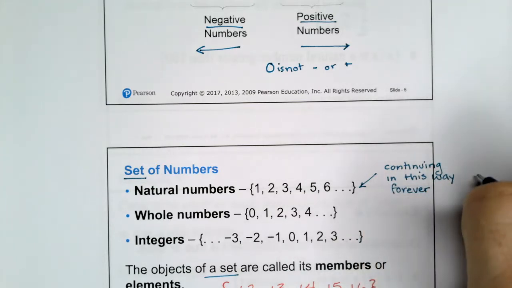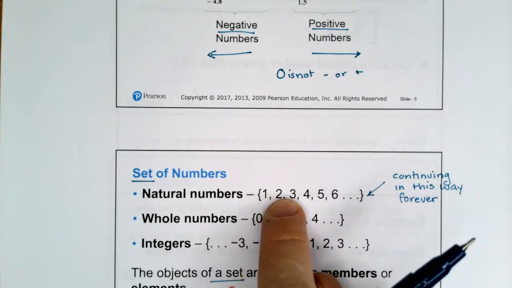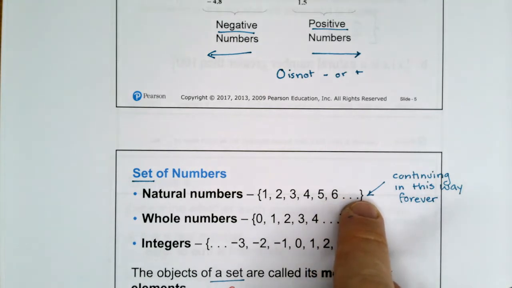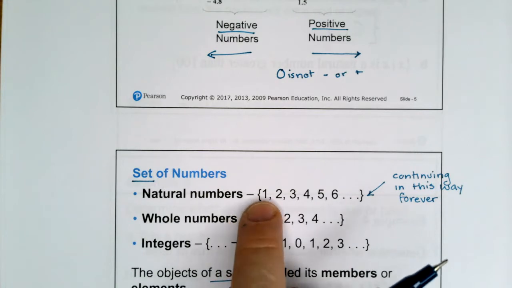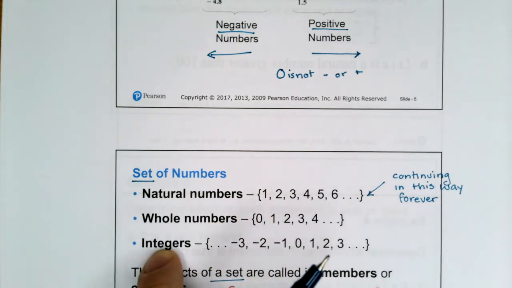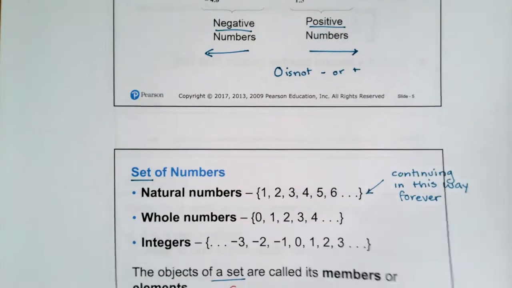You're gonna get a lot of infinity in this class, right? So our pattern is 1, and then we add 1, add 1, add 1, add 1, 6. We're gonna add 1, get 7, 8, 9, and we continue in this way forever. So natural numbers are anything you can use to count. Whole numbers are natural numbers and 0. Integers are whole numbers and all the negative numbers. But notice there are no fractions, no decimals, okay?